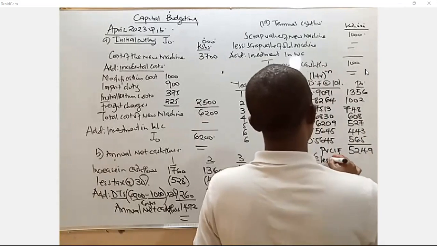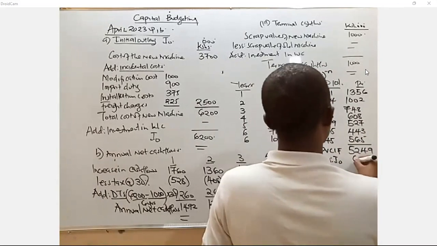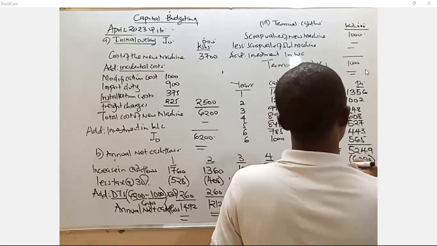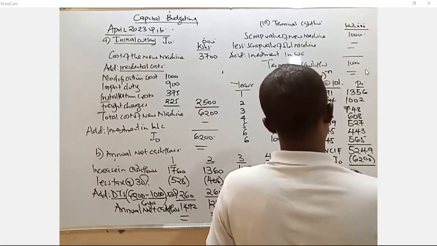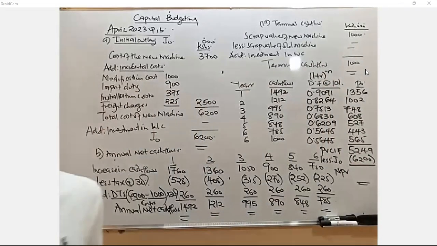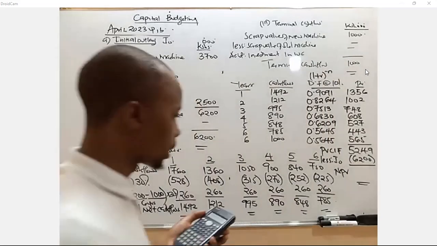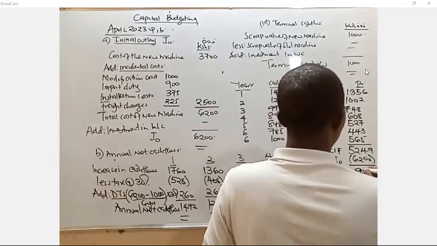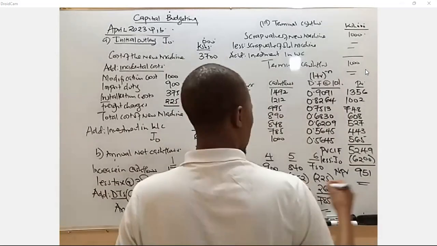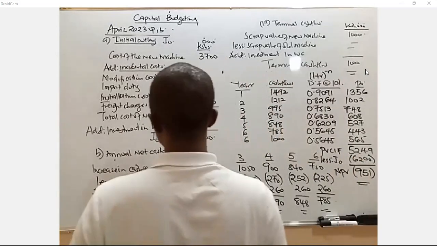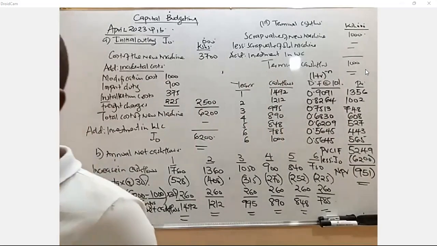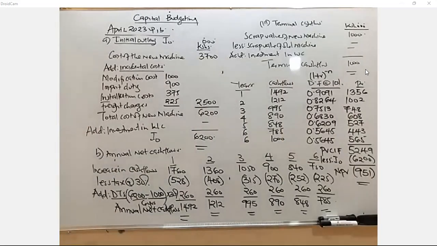Our initial outlay is 6200. What is our NPV? Our NPV should be equal to the difference, 5249 minus 6200, getting negative 951. So in this case, how are you going to advise the investor?